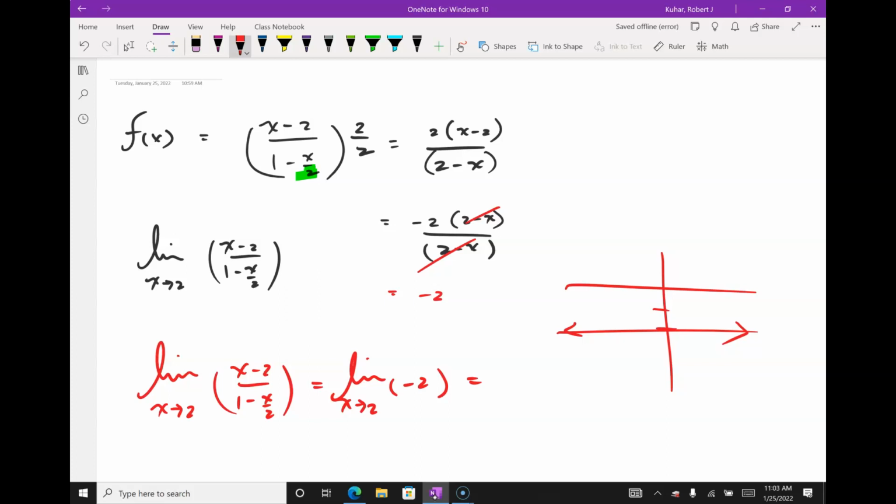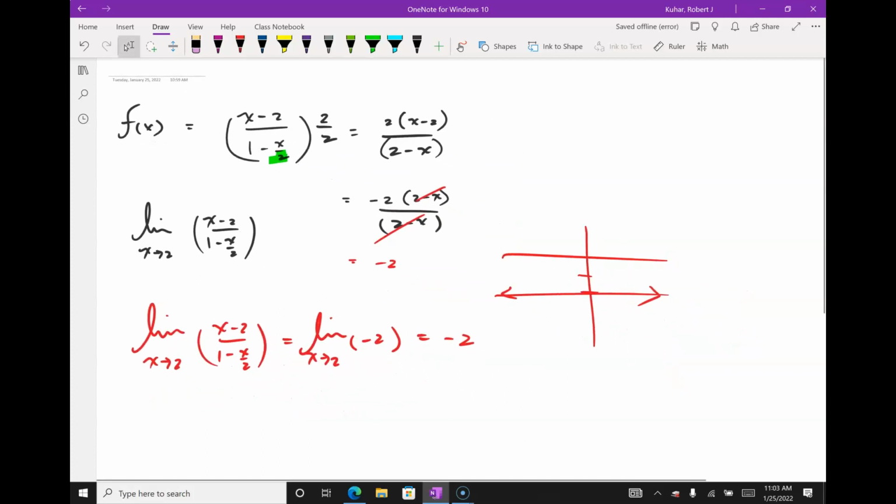If I'm 2 feet underground, where am I? 2 feet underground, right? Easy, yes? I can verify by looking at the graph. I can verify by doing numeric. This is easy, right? It's easy.